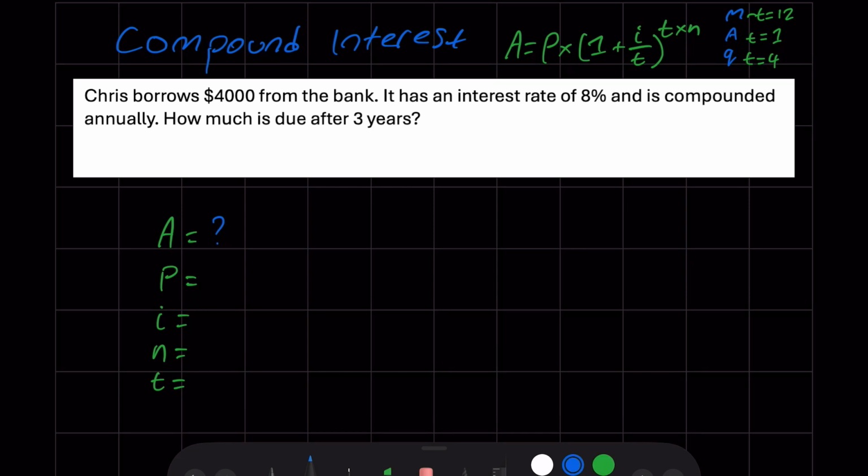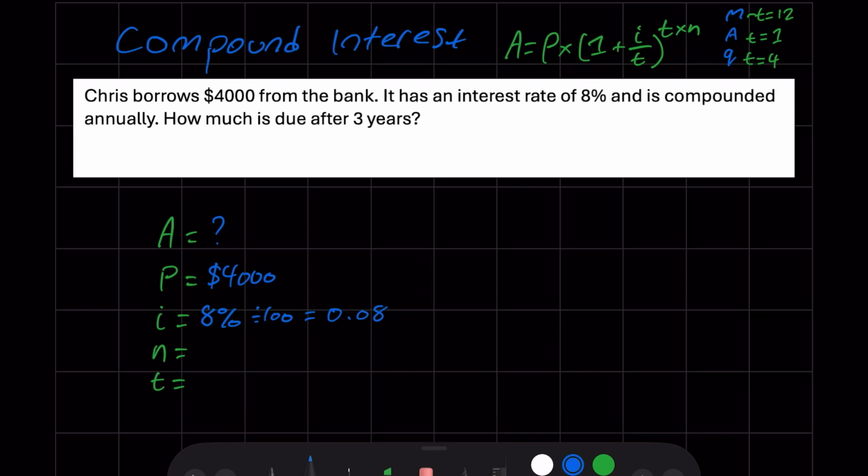Our P for this is $4,000. So I'm going to write $4,000. Our I value, it says 8%. So I'm going to write 8%. But just like simple interest, we have to divide this by 100 to get 0.08. We want our little I to be a decimal, not a percentage.